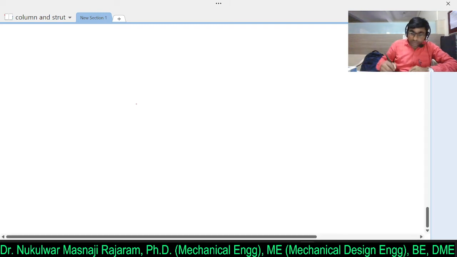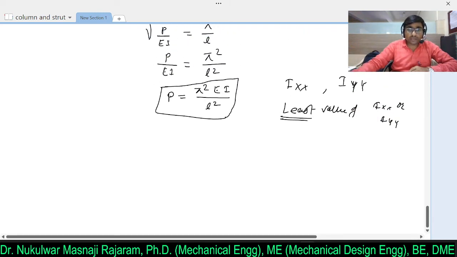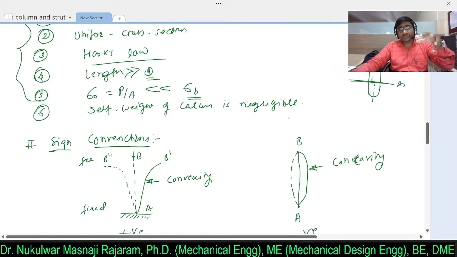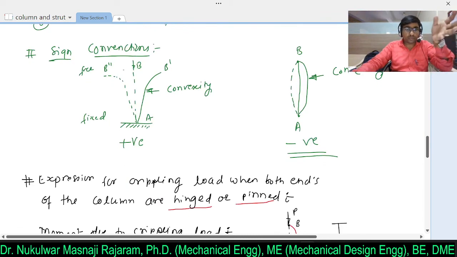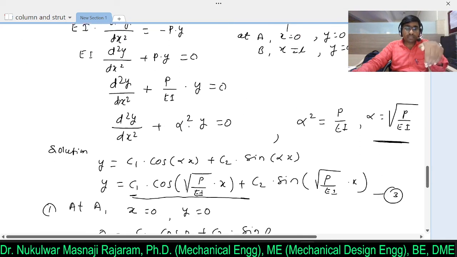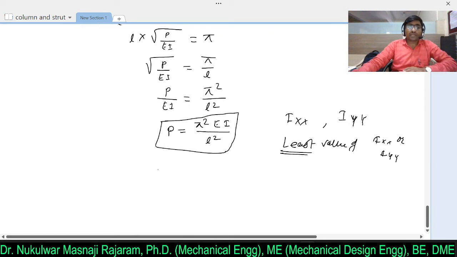So for that purpose, we require a uniform formula. Simple. So if you derive for that case also, where one end is pin and the other end is fixed, here again we need to consider the positive moment. So this one P into Y. Again if you derive, then we get a different equation for the crippling load.